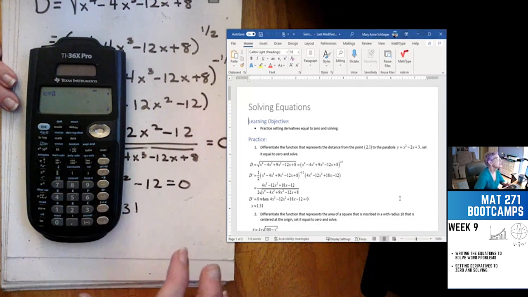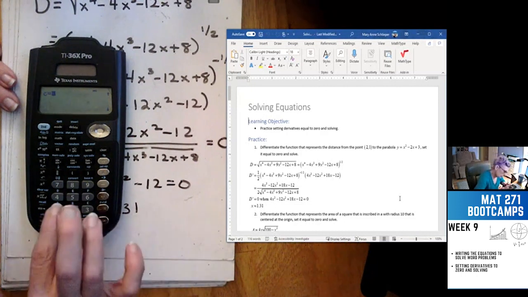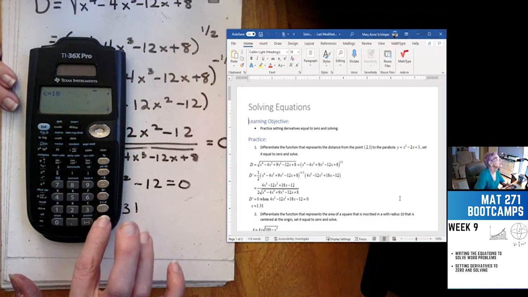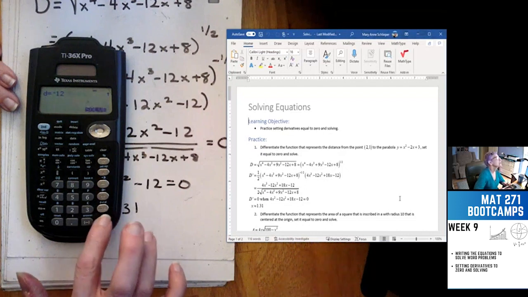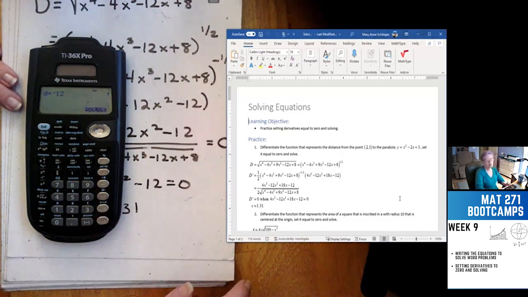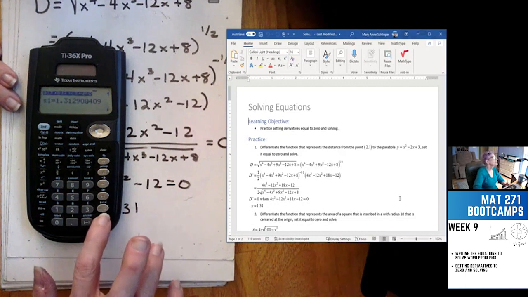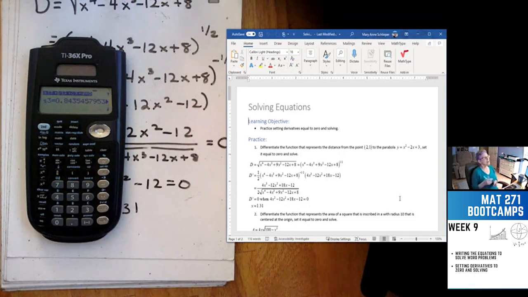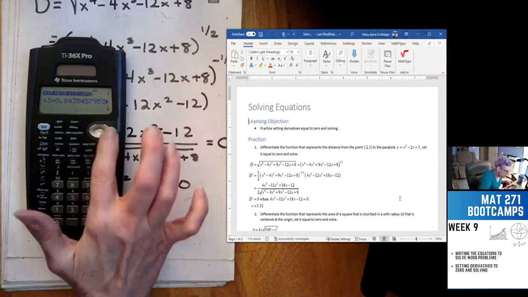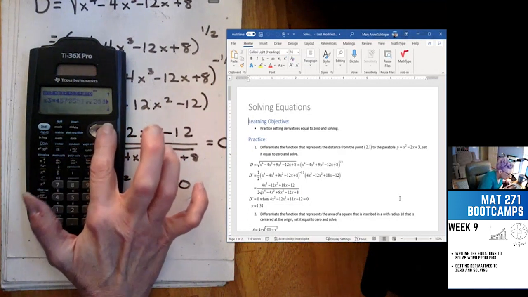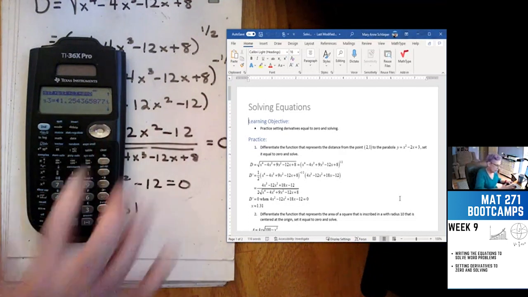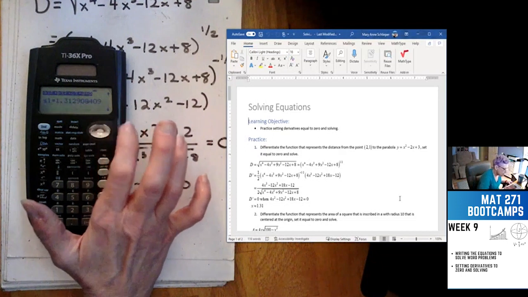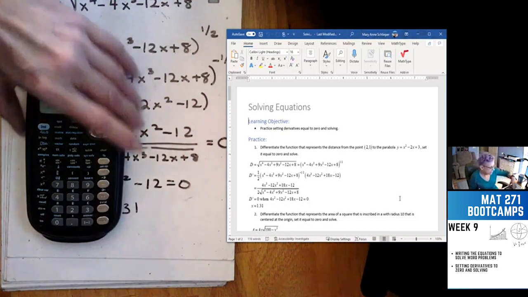Looks like this is the last thing I solved. Nope. 18. And D is negative 12. So I get negative 12, which is, oh, no, this hasn't solved yet. I get 1.31. And then I look at those and I see, they look exactly the same. So I arrow over and I realize that those are both imaginary answers. I don't want the imaginary answers. I want the real answer.